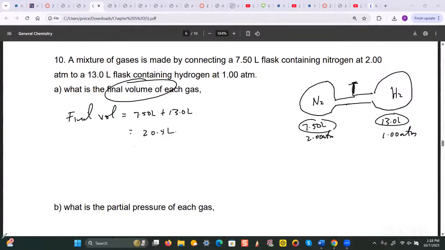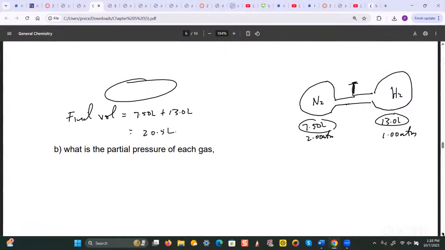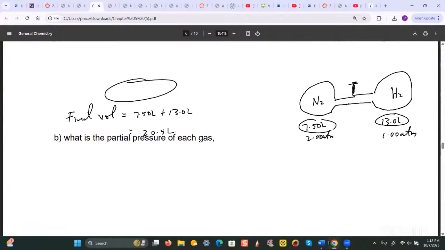Okay, so let me scroll down here, because the next question is asking, what is the partial pressure of each gas? And I think what the question is asking for is the partial pressure of each gas upon mixing, because they gave us the pressures of the gases before mixing, right?